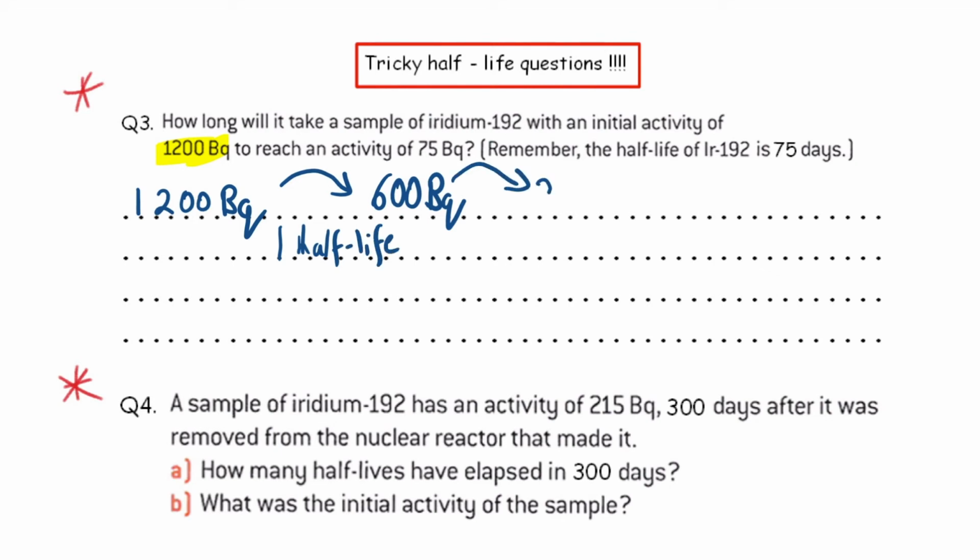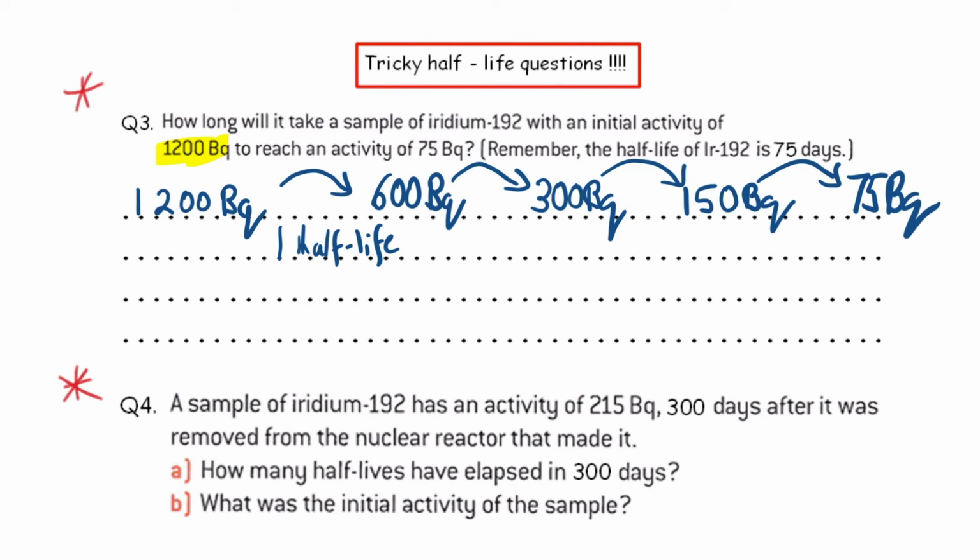600. So I'm going to keep on doing that until we get down to 75. Okay, so I've got 1, 2, 3, 4 half-lives, plural, but it's asking how long.